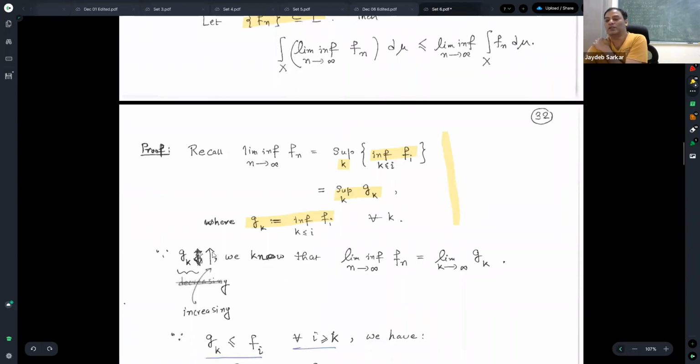So the lim inf of Fn, which is sup of gk, where gk is increasing, is going to be nothing but the limit as k goes to infinity of gk. Since it is increasing, sup of gk is going to be the limit.